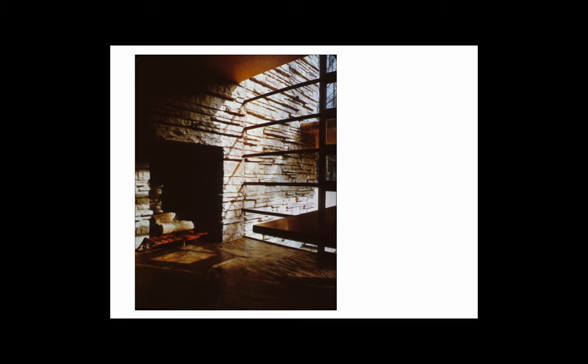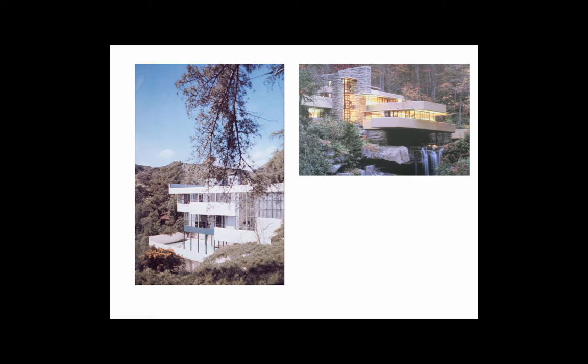Instead, the glass goes right into the stone, which is a kind of brittle situation. The reason he does that is for this visual effect. Inside and outside flow together, one of Wright's themes.